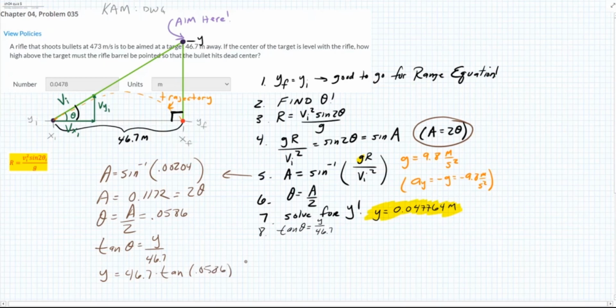So tangent of that angle times 46.7 is just about 4.6 centimeters, or in terms of meters, 0.04776 meters. So that's the nitty gritty of how I get this answer.